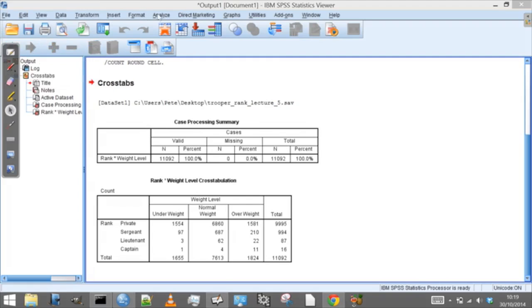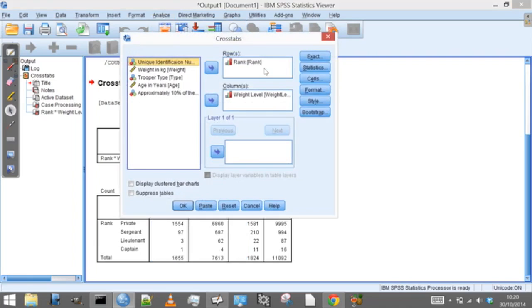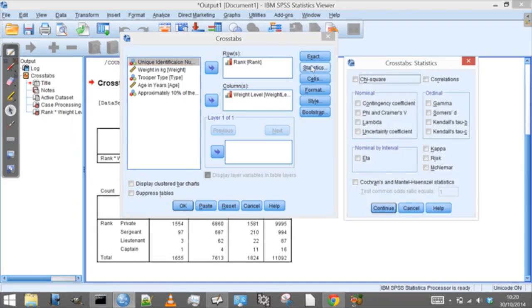So under Analyze, Descriptive Statistics, Crosstabs, if you click on Crosstabs, everything should be set up as it was before to generate that table. This time, if you click the Statistics button, you'll see that we can choose chi-square as an option.